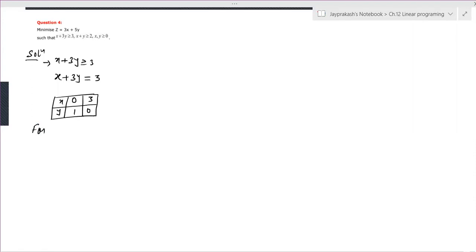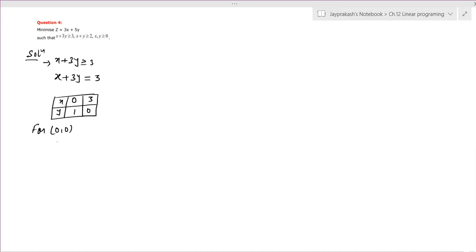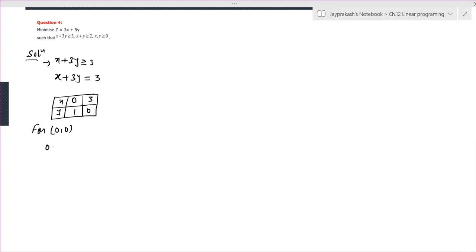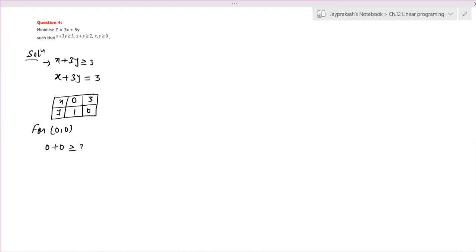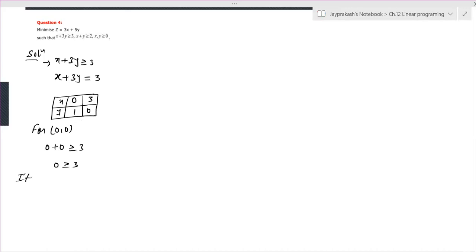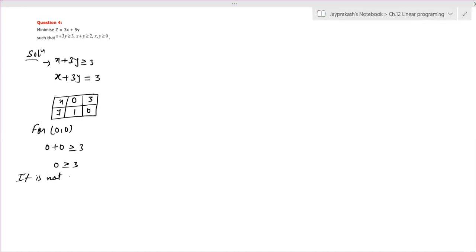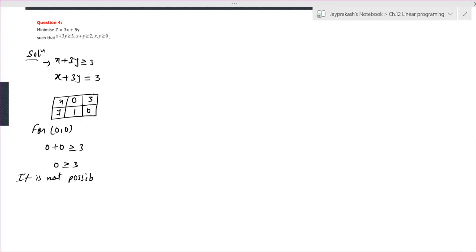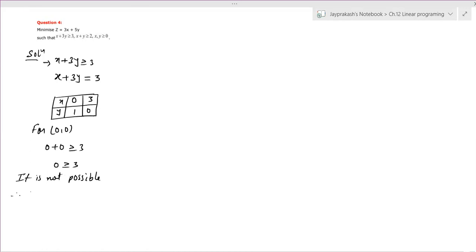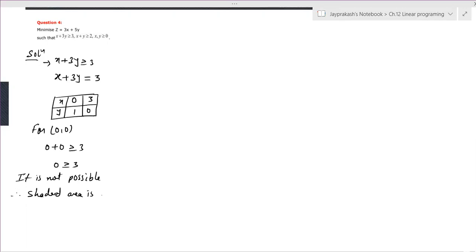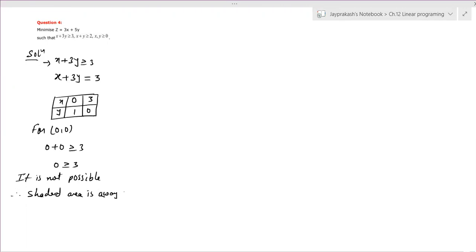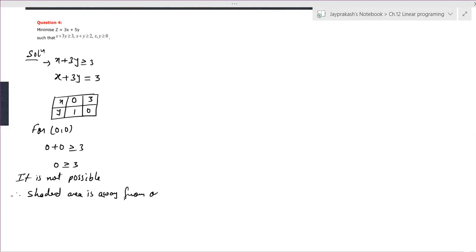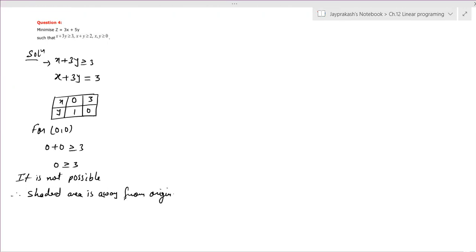Now for 0, 0, when we use x = 0, y = 0, then 0 + 0 ≥ 3 is not possible. Therefore, the shaded area is away from the origin.